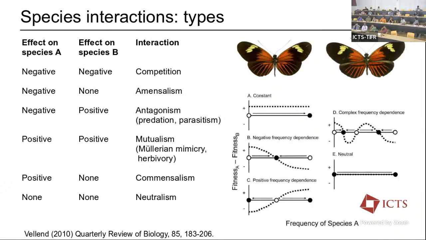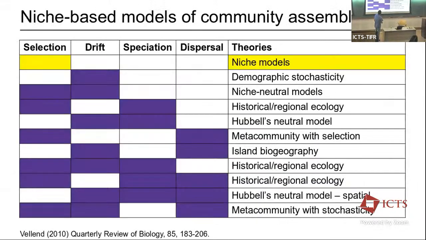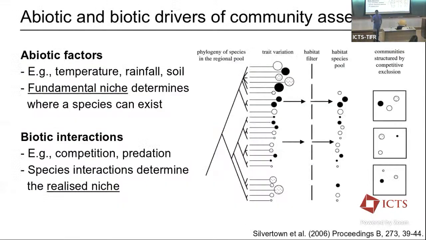So in this framework, virus cannot have a fundamental niche, right? It's 0, because it's not life outside the interaction between A and B, right?